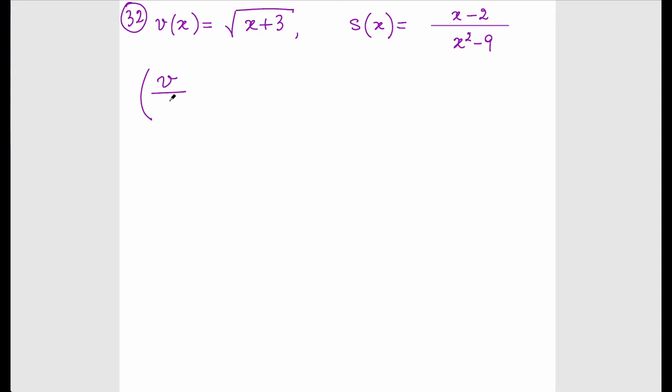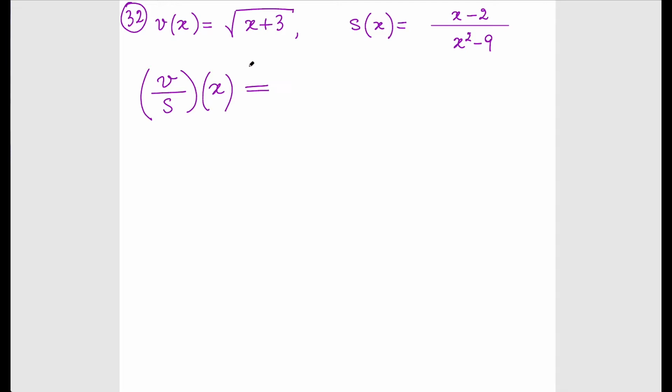You have V of X is equal to square root of X plus 3, and S of X is equal to X minus 2 divided by X squared minus 9. Okay? And the question is, find V over S acting at X together with its domain using interval notation.